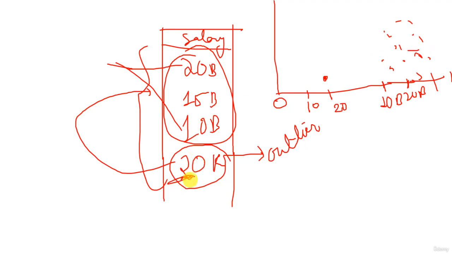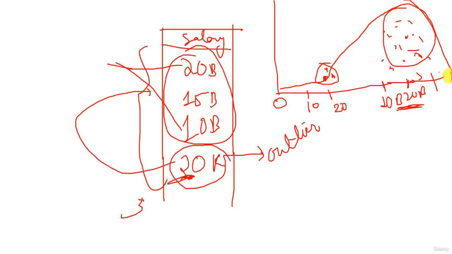If I collected only billionaire salaries and just three people with lower salaries, like 30k, then billionaires will be clustered here because of higher salary, and low salaried people will be clustered here. If I plot this graph, I get something like this.